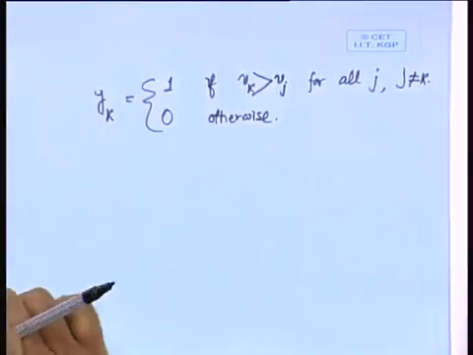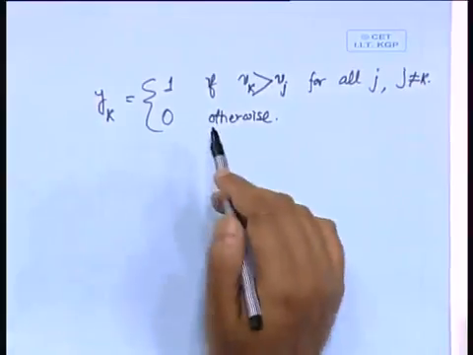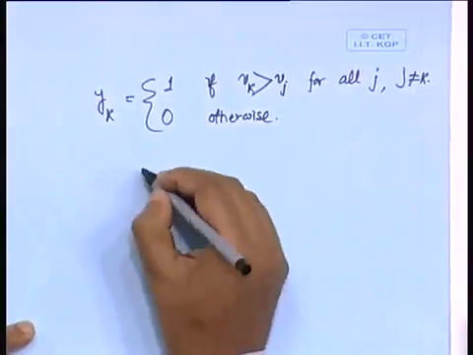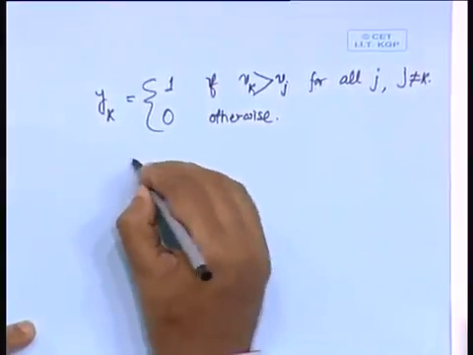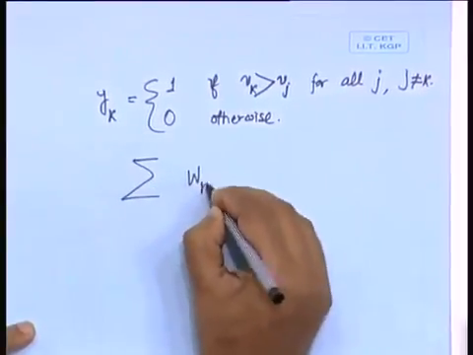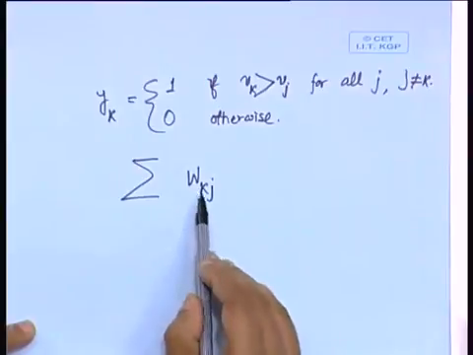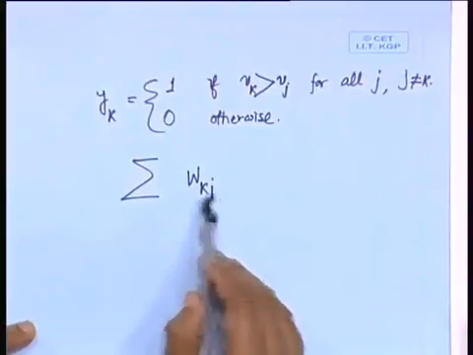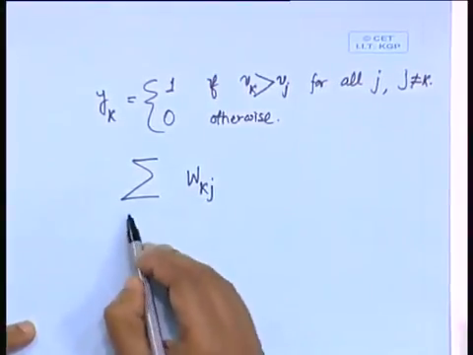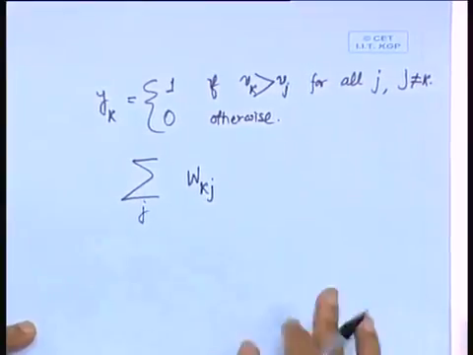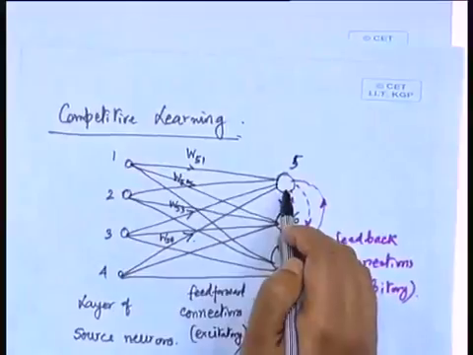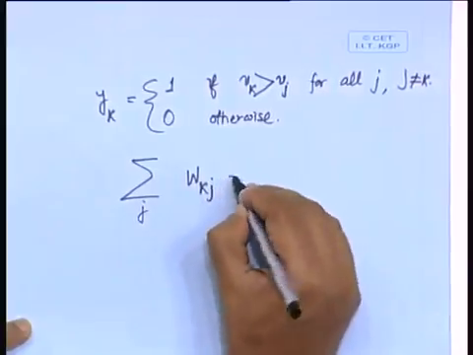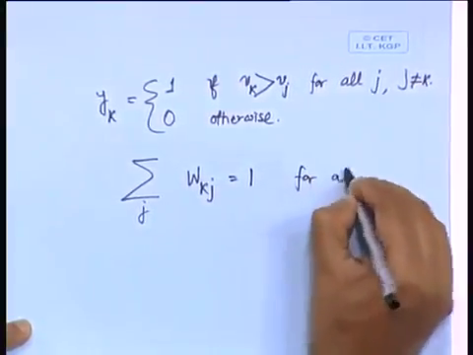Another thing which a competitive learning network always constrains is the sum total of the weights to a particular neuron. If we consider the neuron k, then the summation of wkj over j, for j equal to 1 to 4 in this example, will be equal to 1 for all k.